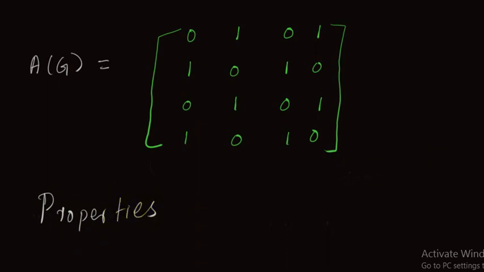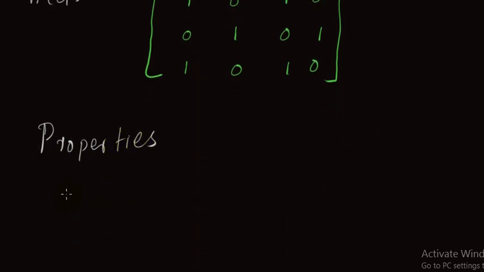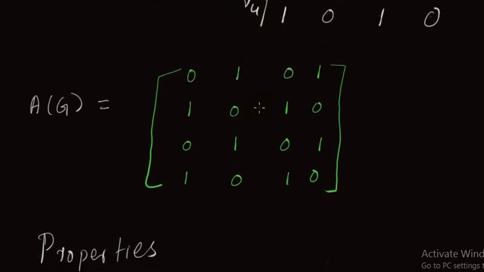Now I discuss these properties one by one. First property: if we see this adjacency matrix, this is a square matrix. Adjacency matrix is always a square matrix. Also this is a symmetric matrix. So first row and first column are same, second row and second column, third row and third column coincide, fourth row and fourth column are same.